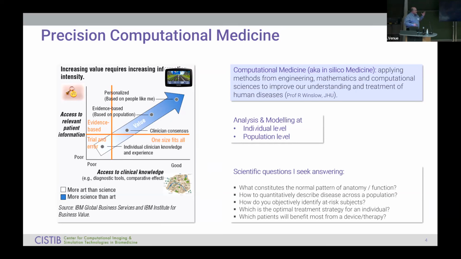So the questions that I'm trying to address by combining all of these ideas are basically what constitutes disease, what constitutes normality in the first place, how we quantify that, and also, can we optimize specific therapies to make the therapy more personalized and more effective for a particular individual.